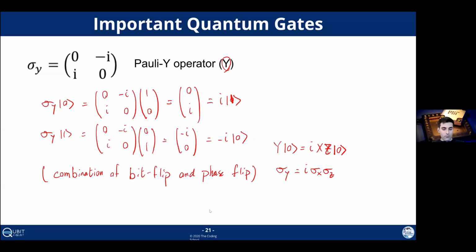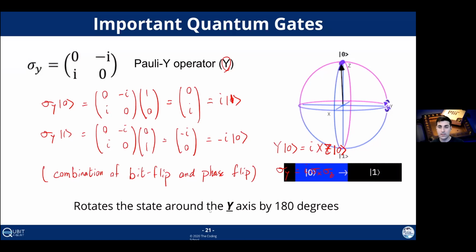And again, to Akshay's point in the chat, if we start from the 0 state and end up in the 1 state, the I will be a global phase and can be ignored. But in general, the takeaway message is that all these Pauli operators, X, Y, and Z, are rotations by 180 degrees around their respective axes. And that's why they get the name X, Y, and Z.